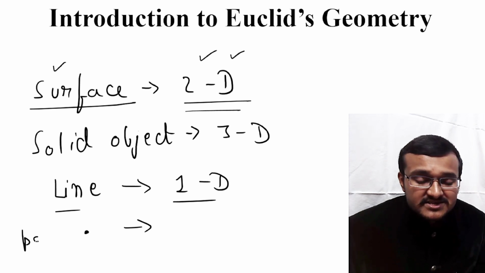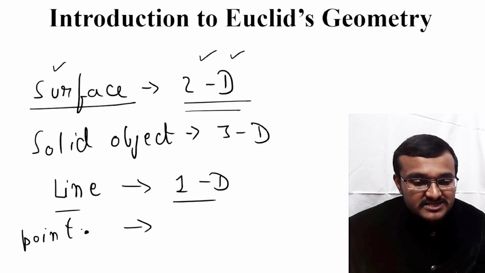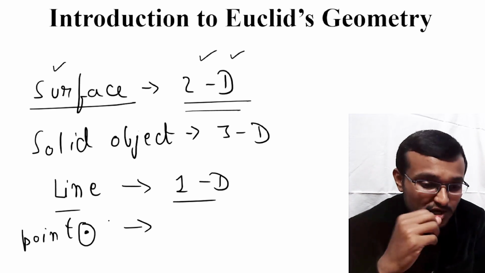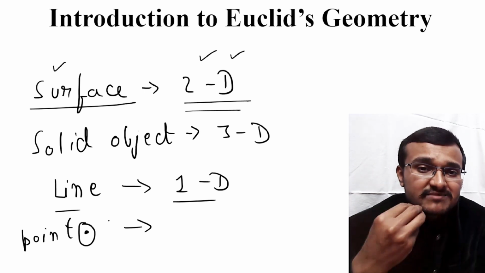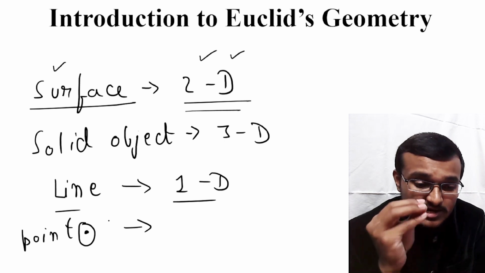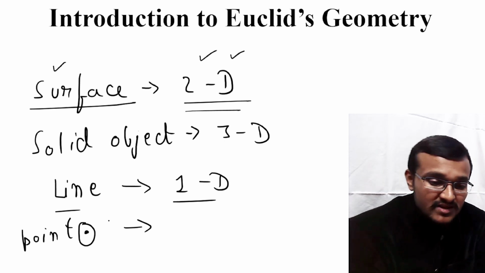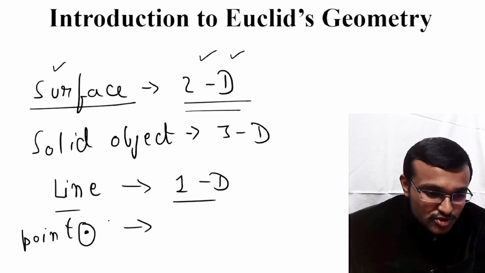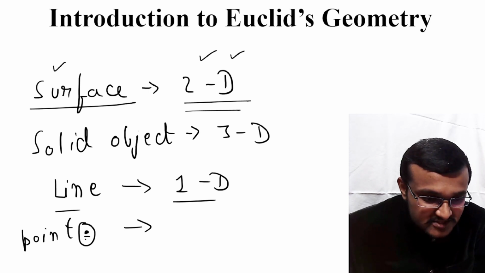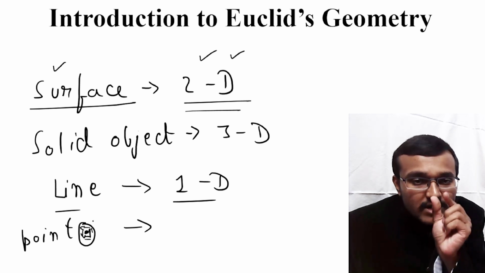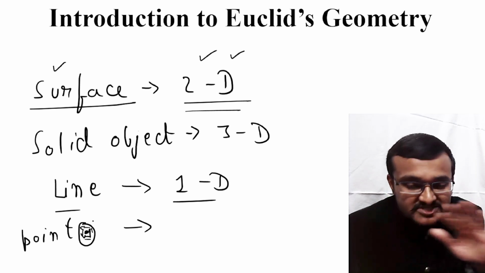And if you are considering a point, a point is dimensionless. Logically speaking, a point might be dimensionless, but a point also occupies some amount of space. If I write a point here, this point is also occupying some space on this surface.